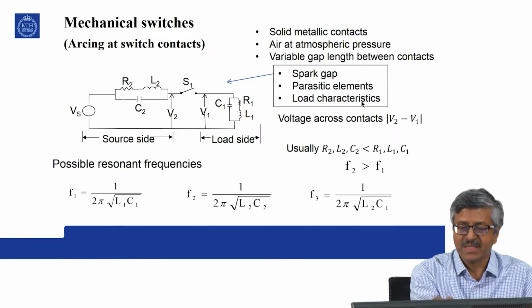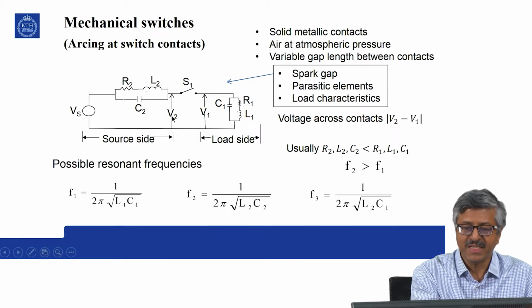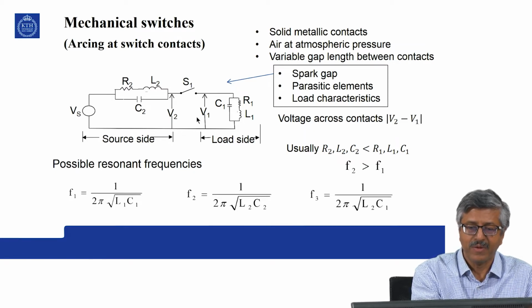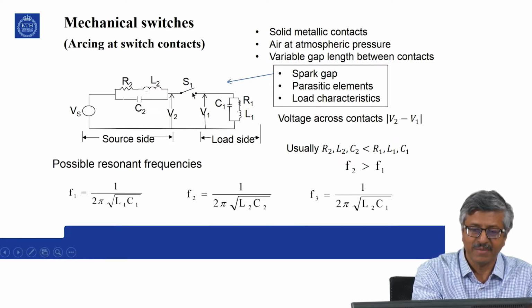Then this creates an instantaneously varying voltages across the switch contacts V2 and V1. So, depending upon the V2 and V1, you may have arcing, because there is an arc voltage being developed here.